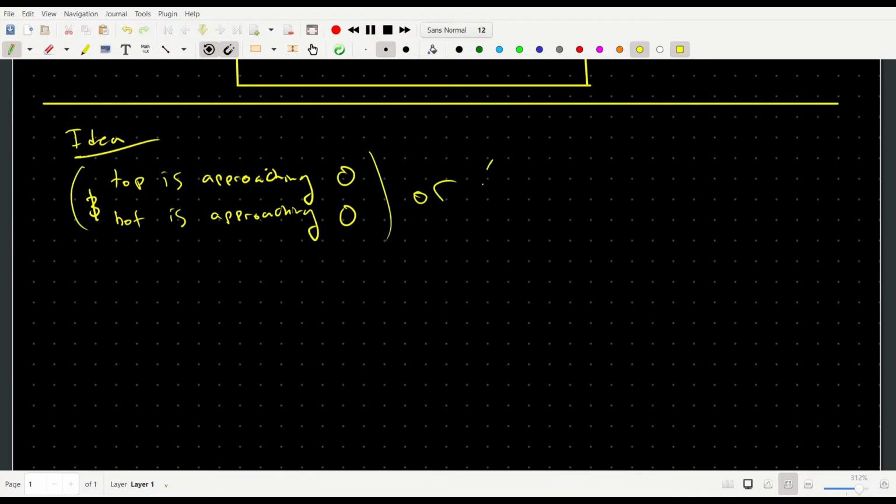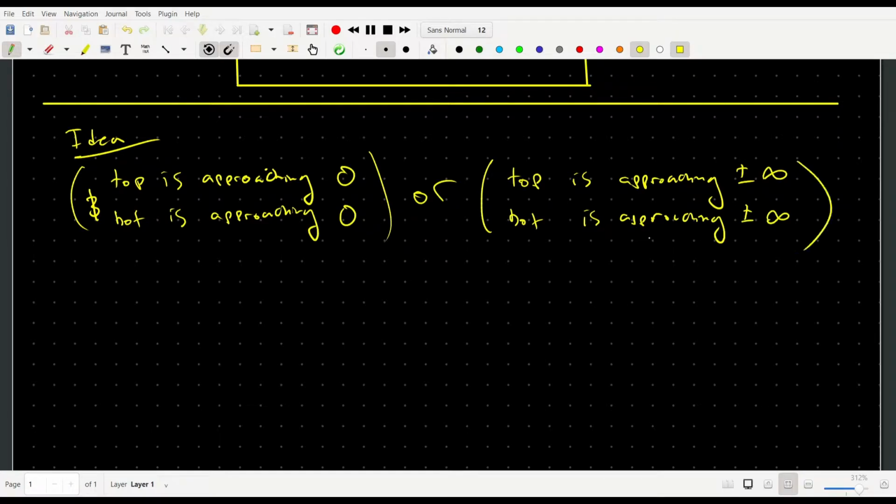Or if we have that the top is approaching positive or negative infinity, and the bottom is approaching positive or negative infinity.